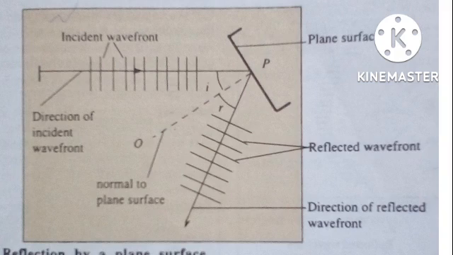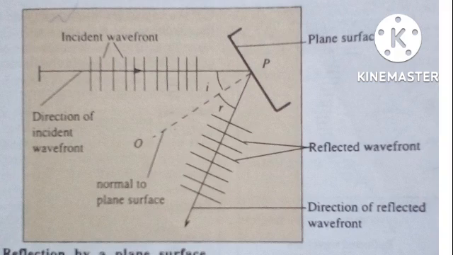So in this diagram, you can see the direction of the wave. When you have an incident wave front that is hitting a plane surface, the direction of the incident wave front is changed, and the direction of the reflected wave front is different from the original direction.